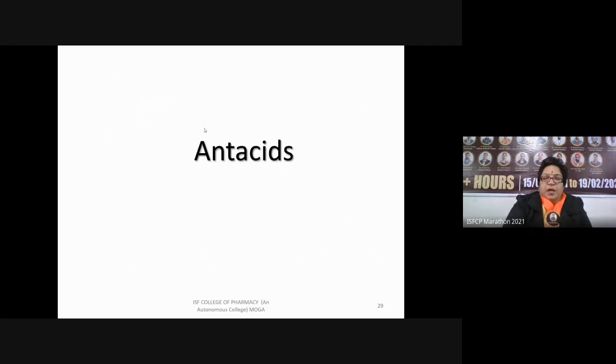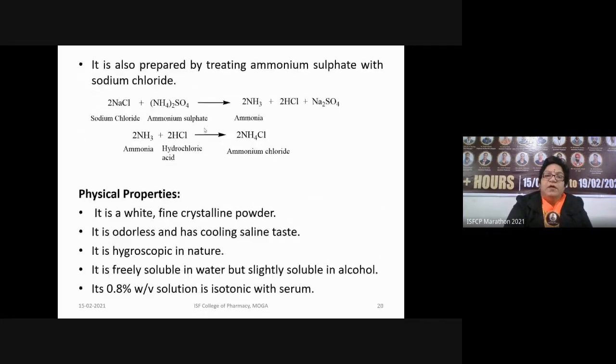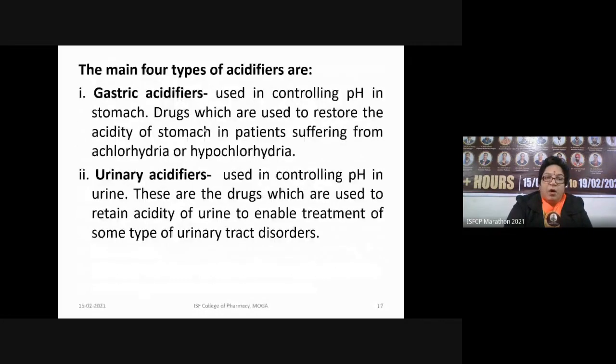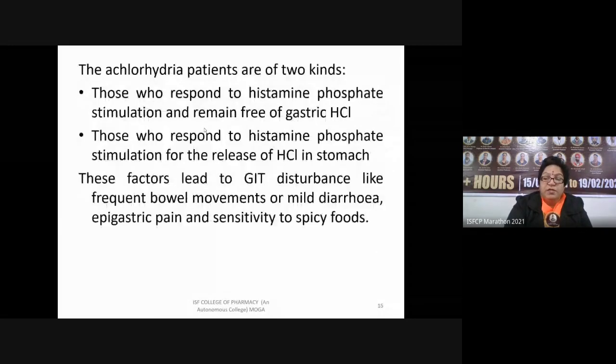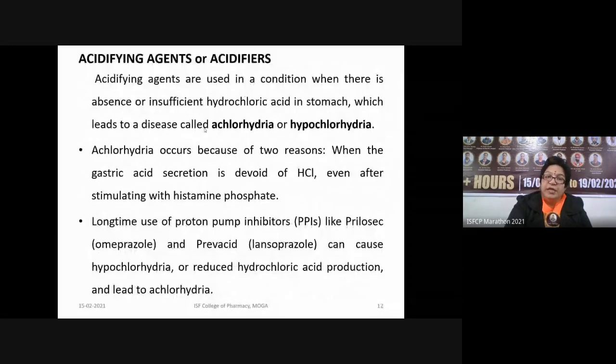Now coming to my next topic, that is the antacids. If I talk about revision, till now we have learned about the GIT, how GIT works, and the various ailments which can be present in the GIT. After that, what are the various GIT agents to treat those particular ailments.